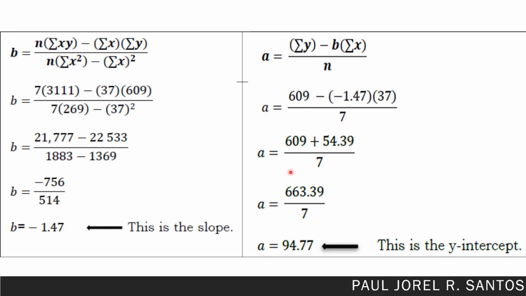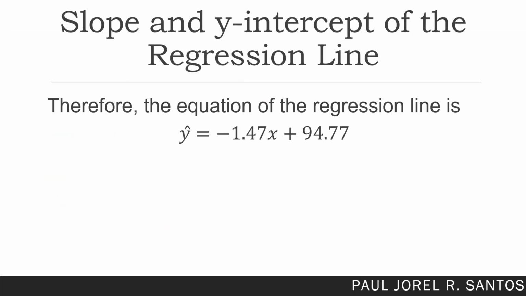Computing for this, we have 94.77, and that will be the y-intercept. Combining these two, we have the equation of the regression line as y hat equals negative 1.47x plus 94.77. And that is all for the second part of our video.